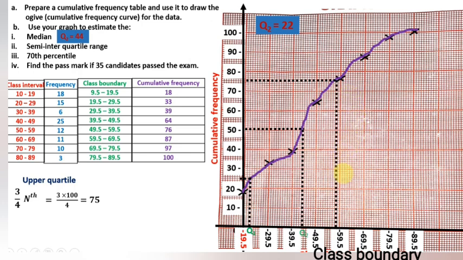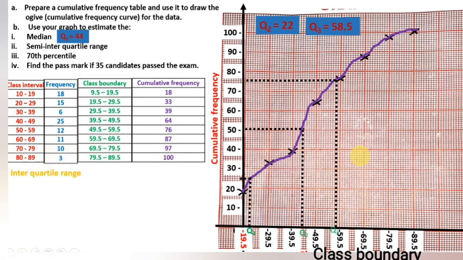So when we trace it downward, we're going to read closely from 59.5 backward. So we have 59.5. The next is going to be 58.5. Okay. So the upper quartile is 58.5. So we record that down.